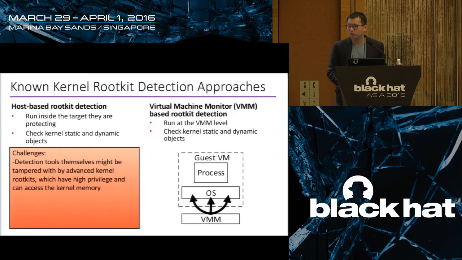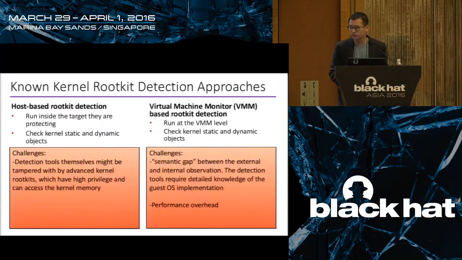So then people proposed a different approach using virtualization. Now the detection tool runs at the VMM level, and it also checks the static and dynamic kernel objects. This is good. It solves the problem of privilege separation, but it also has its own challenges.